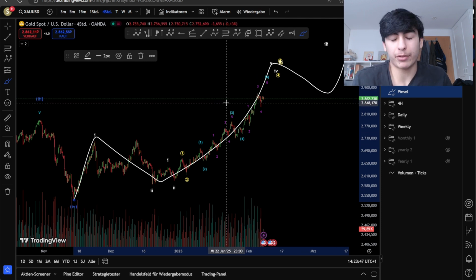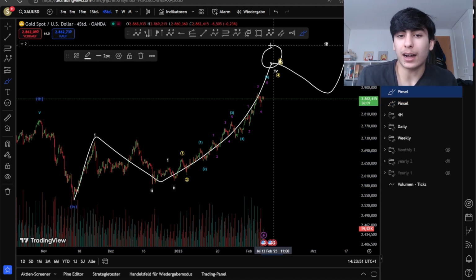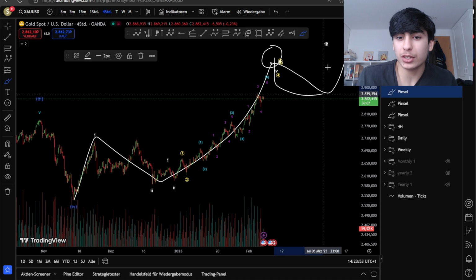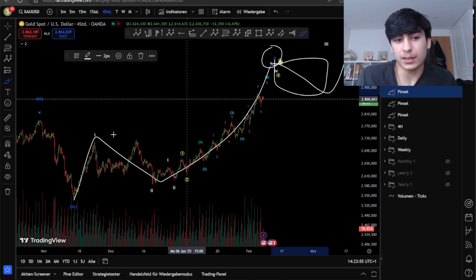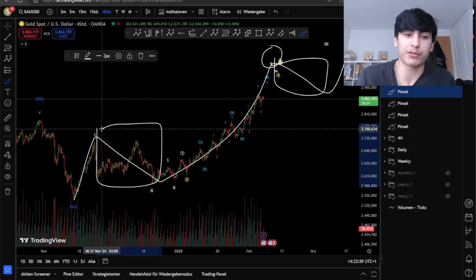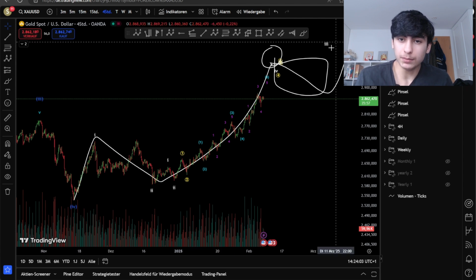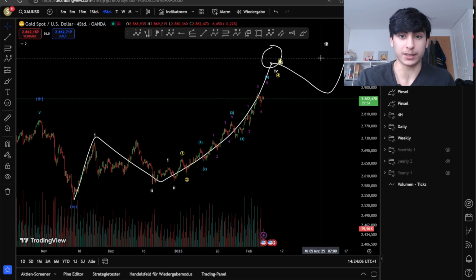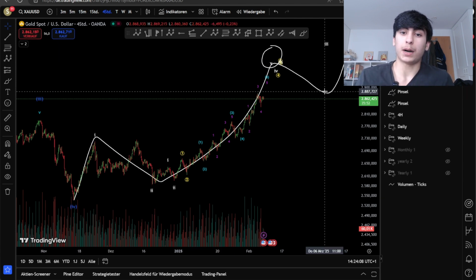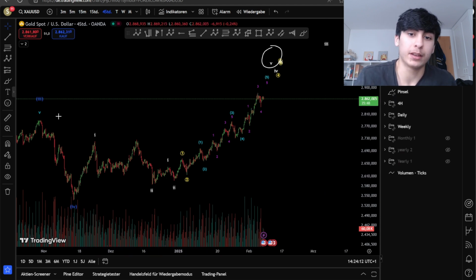What I mean with this is the wave 3. You don't know when the wave 3 is ending until you see a range which is compared in size to the range of your wave 2. As long as you don't get that, we are simply looking for higher prices. But let's actually try to count the wave 3.